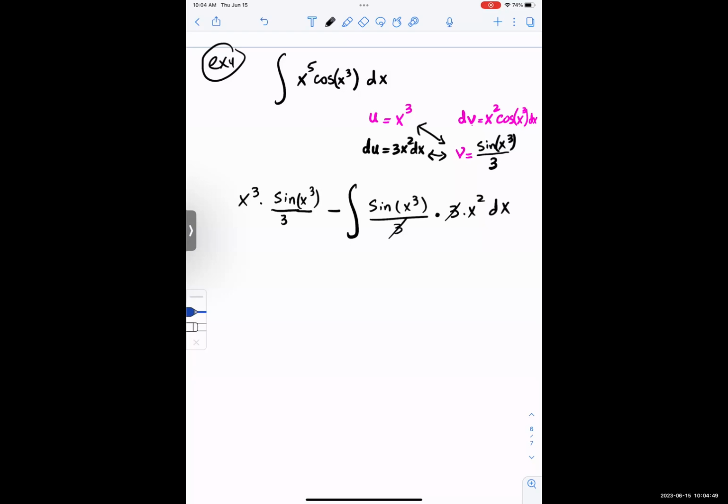Now I need to deal with this integral. Do you think it's easy to find this integral now? x squared sine x cubed dx. Is that easy? Yes, no?